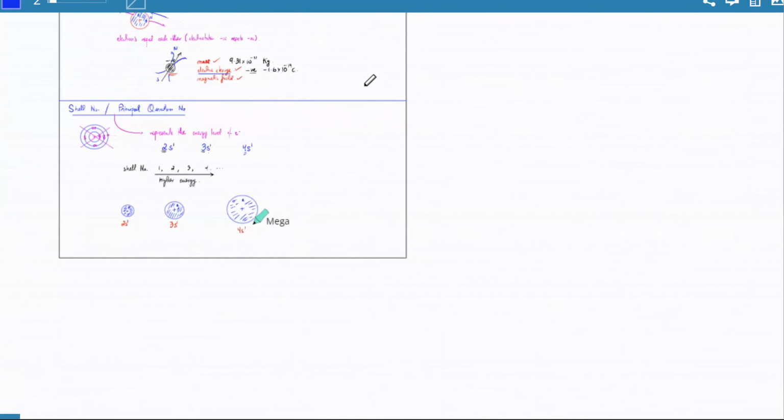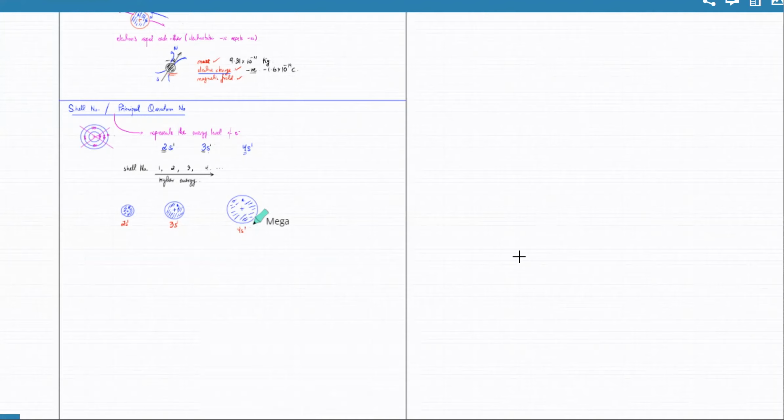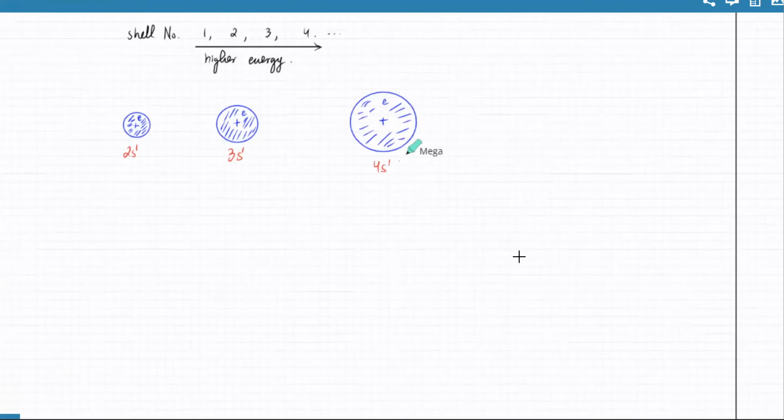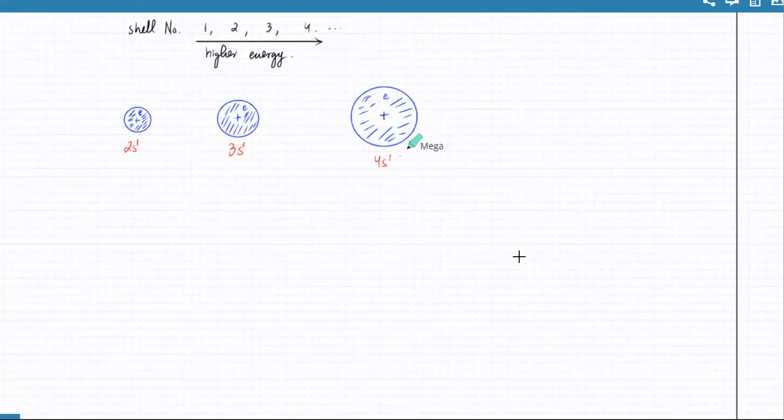Destabilize is a word, but what does it mean? We have to focus on that as well. For now, let's just check the electronic configuration. We'll talk about that in chemical bonding.